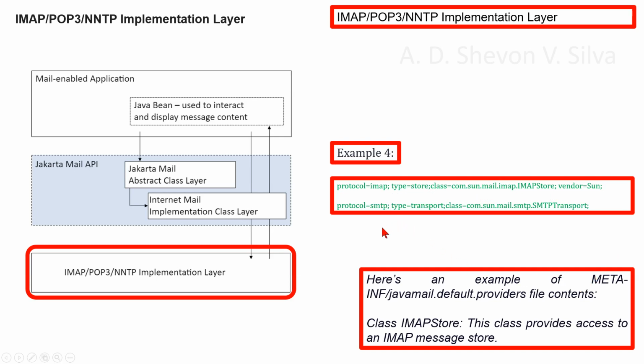Here the protocol attributes: names assigned to protocol, for example SMTP. Type, valid entries are store and transport. Class name that implements this protocol. Vendor, optional string identifying the vendor. Version, optional string identifying the version.